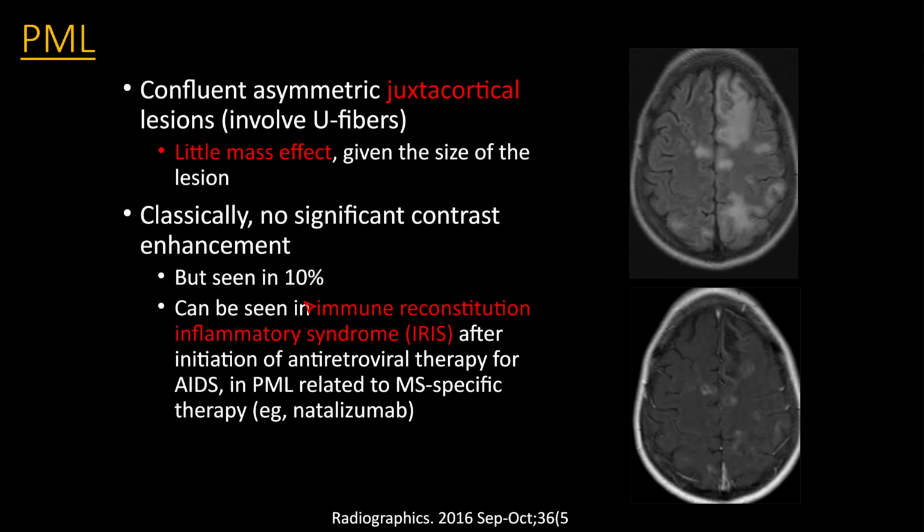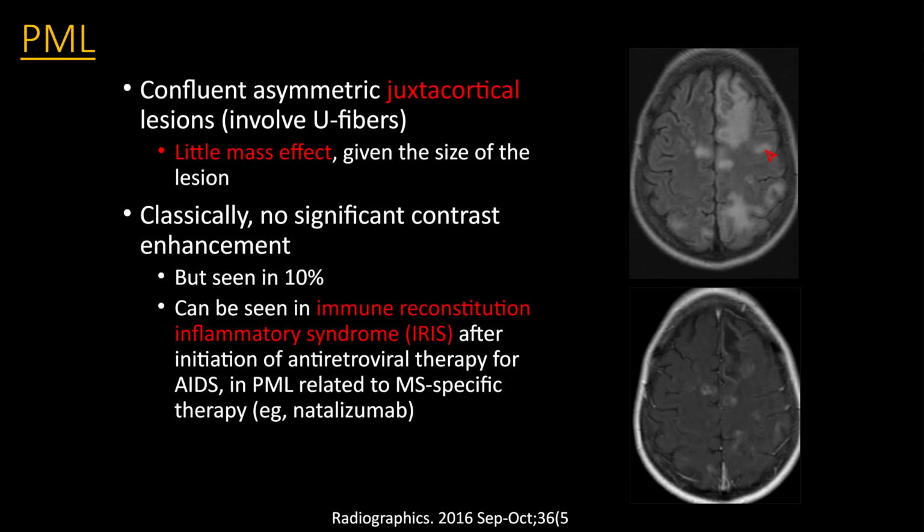PML typically occurs in the setting of some immune deficiency, and then once you take the immune deficiency away, be it you reinitiate antiretroviral therapy for AIDS, or if they're MS patients on natalizumab, you take natalizumab away, then once the immune system reconstitutes, you start having the enhancement.